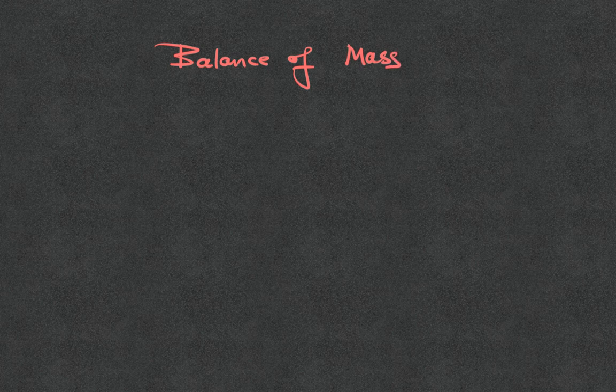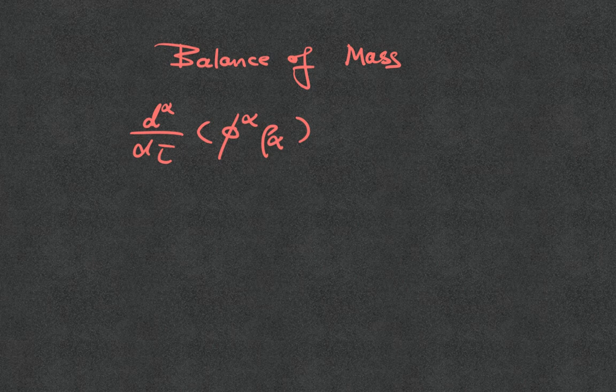The balance of mass, as we recall, is equal to the time derivative of the volume fraction times the intrinsic density, plus the volume fraction times the intrinsic density times the divergence of the velocity of the phase, equal to zero.